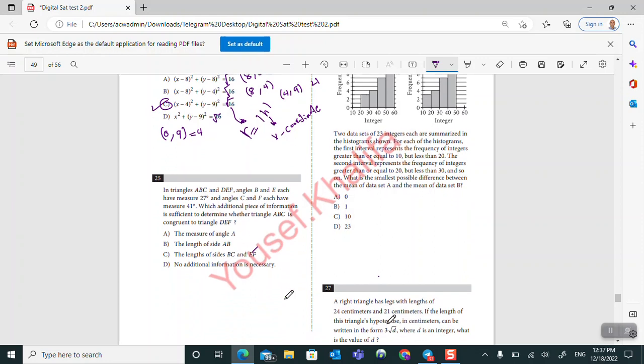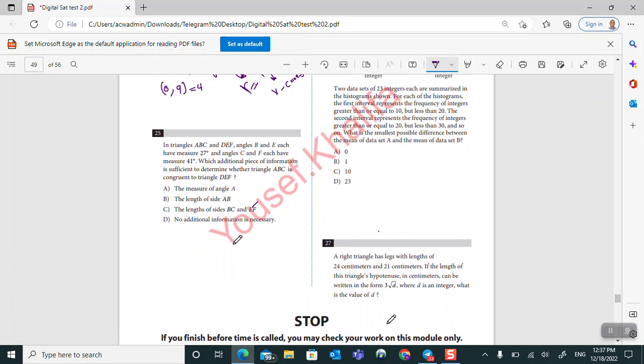Let's move on. In triangles ABC and DEF, angles B and E each have a measure of 27. So we have a certain triangle which has A, B, and C, and angles B and E each have a measure of 27.